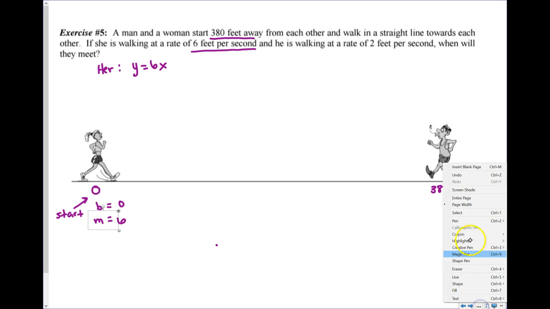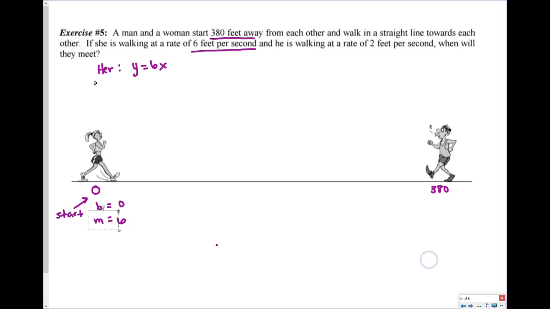Now his story is a little bit different. He is starting at 380. He's not starting at 0. So your B for the man is 380. And he's going at a rate of 2 feet per second. But as he's walking to her, is that 380 going to get smaller as he's walking towards her?